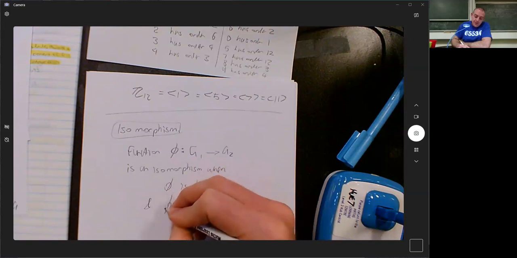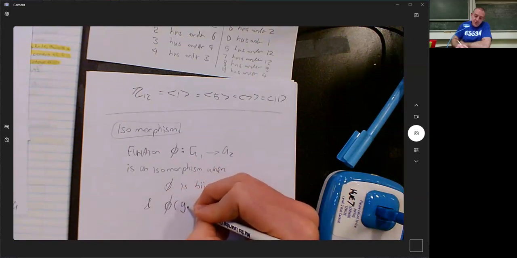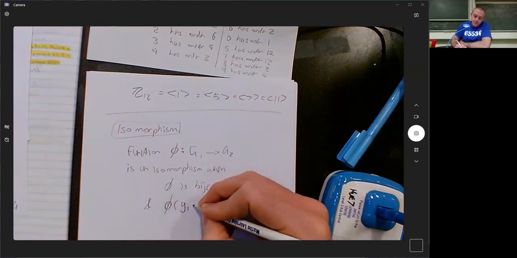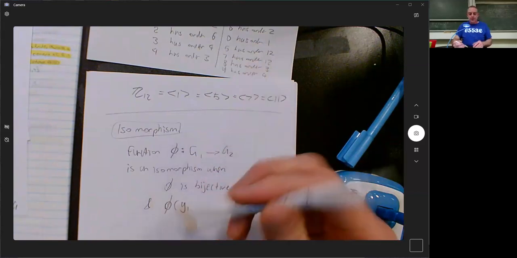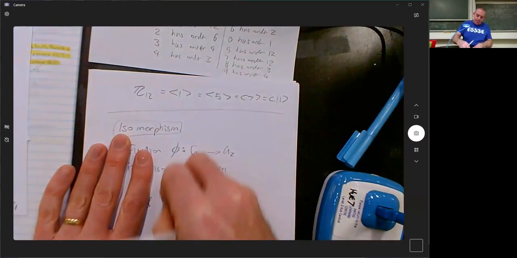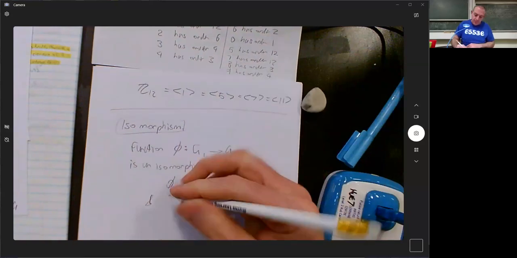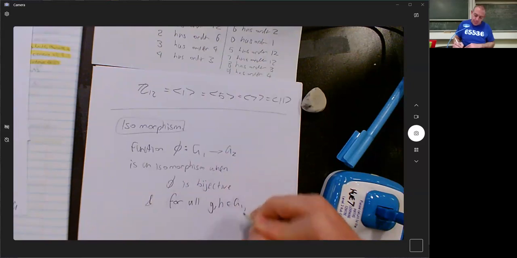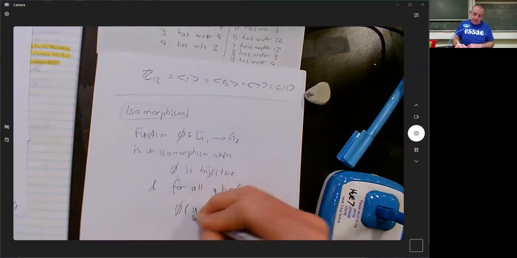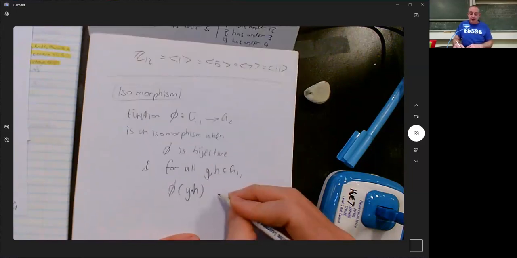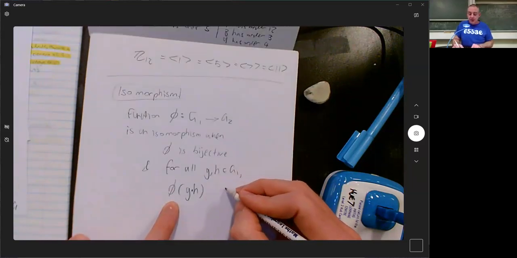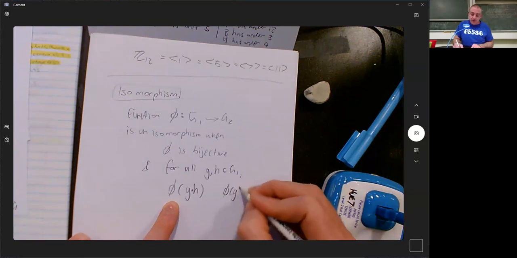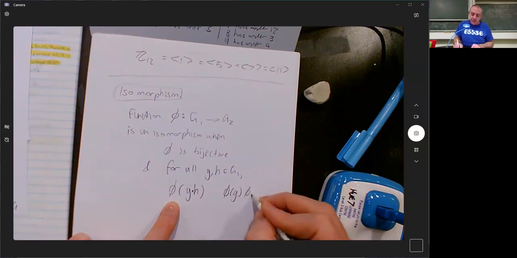And when you multiply g and h in G1 first, and then apply phi, you get the same answer as when you apply phi first and then multiply in G2.